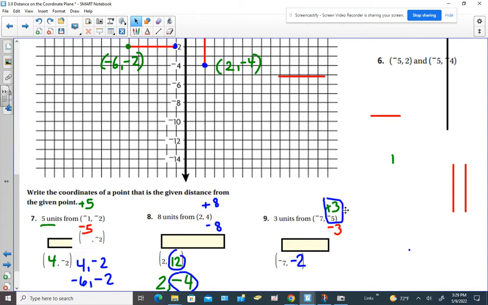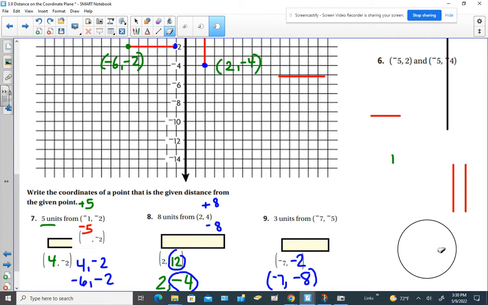Now, if we combine these two instead, a negative and a negative, when we combine them, is more negative, so that would end up being a -8. So we could have a -7, comma -8 as our ordered pair, or we could have a -7, -2 as our ordered pair.